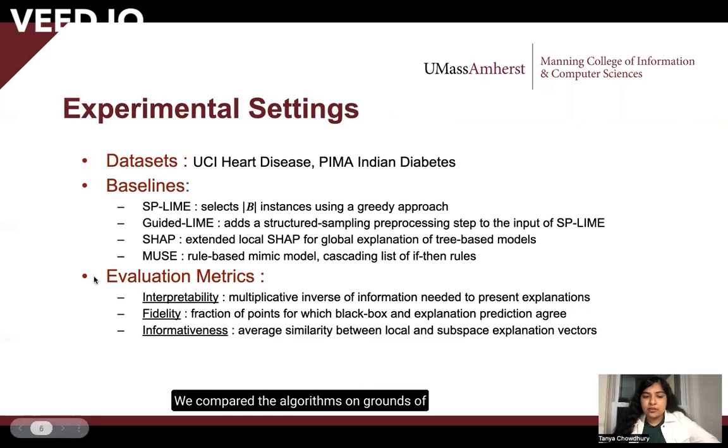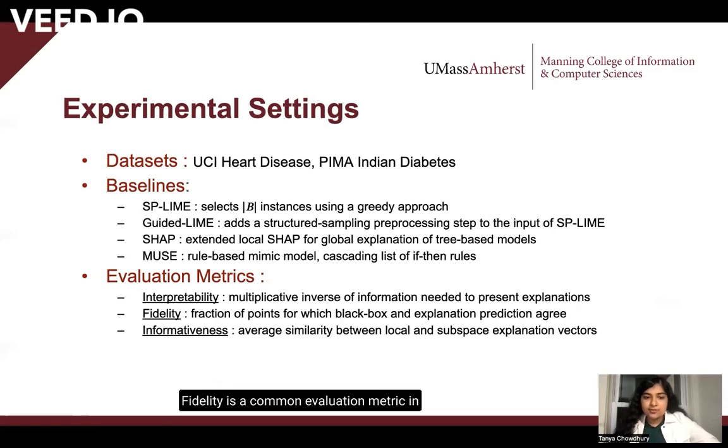We compare the algorithms on grounds of 3 evaluation metrics. First being interpretability, which is the multiplicative inverse of the information needed to present explanations. This is essentially the number of numbers which we present while presenting an explanation by a certain method. The next evaluation metric is fidelity.